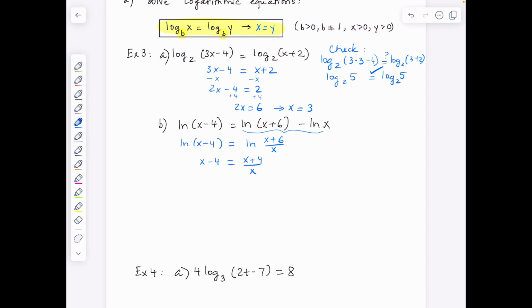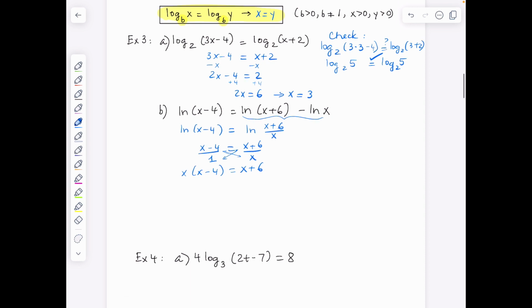So x minus 4 is equal to x plus 6 over x. I can solve this by using cross multiplication. I can put x minus 4 as x minus 4 over 1 and cross multiply. So when you do that, we have x times x minus 4 is equal to x plus 6. And then distribute, I have x squared minus 4x is equal to x plus 6.